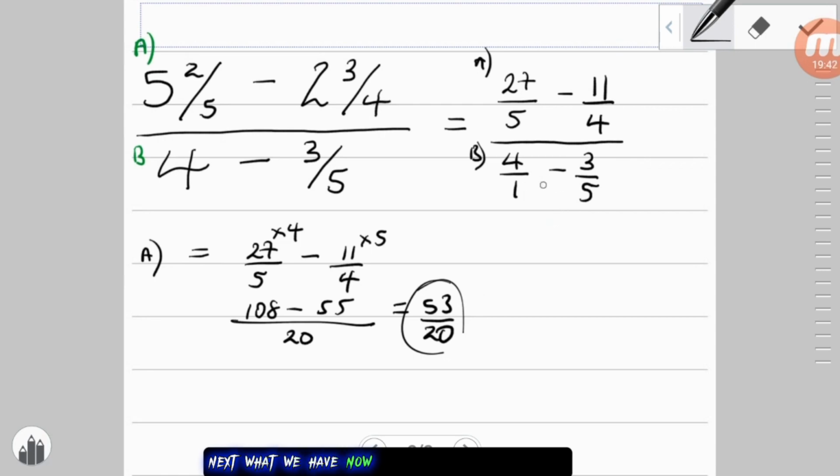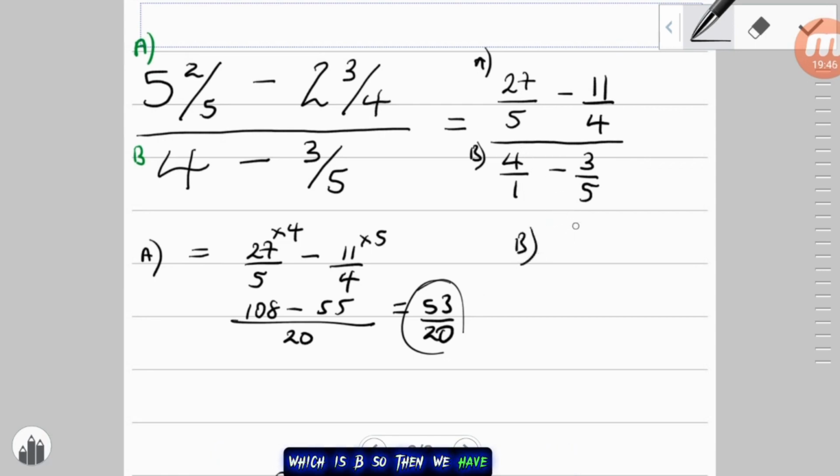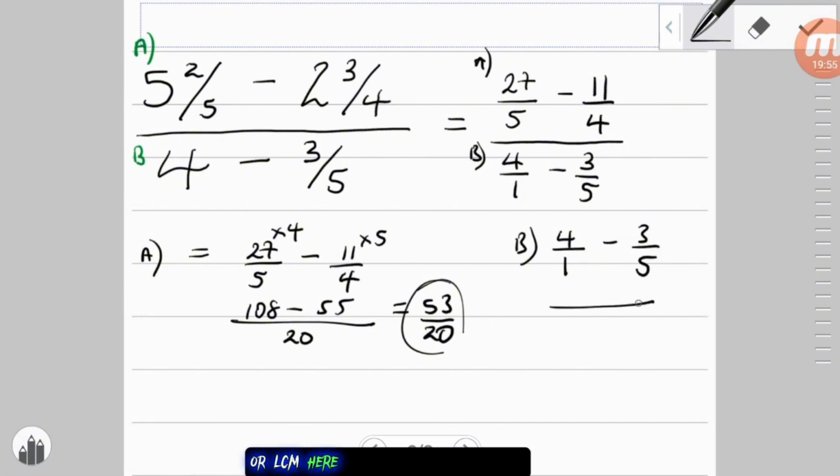Next, what we have now is the bottom section, which is B. So then we have 4 over 1 take away 3 over 5. Our LCM here is in fact 5. 1 into 5 goes 5 times, and 5 into 5 goes 1 time.